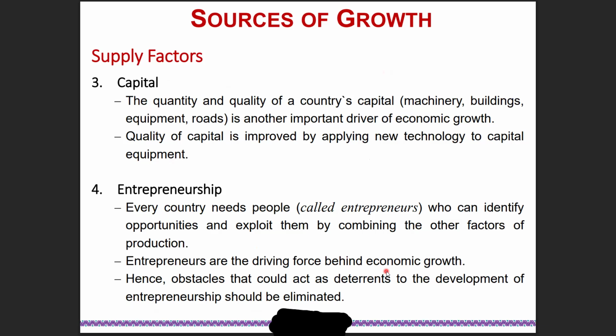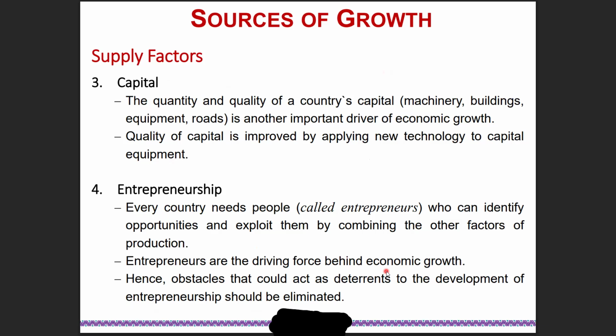An entrepreneur is a person that will start a business, so they'll combine their capital, the labor, the people that are going to do the work, and the land where they're going to situate their business.